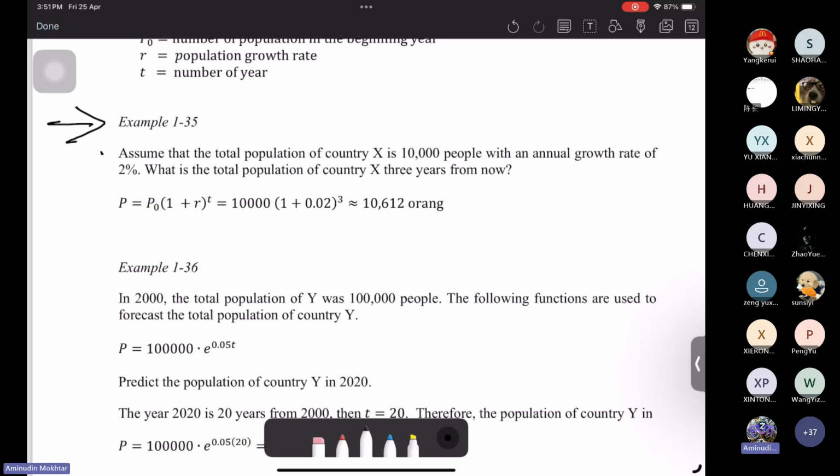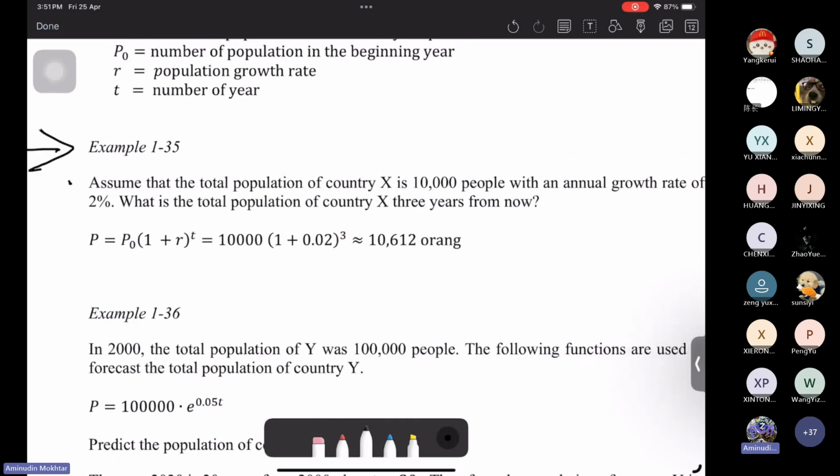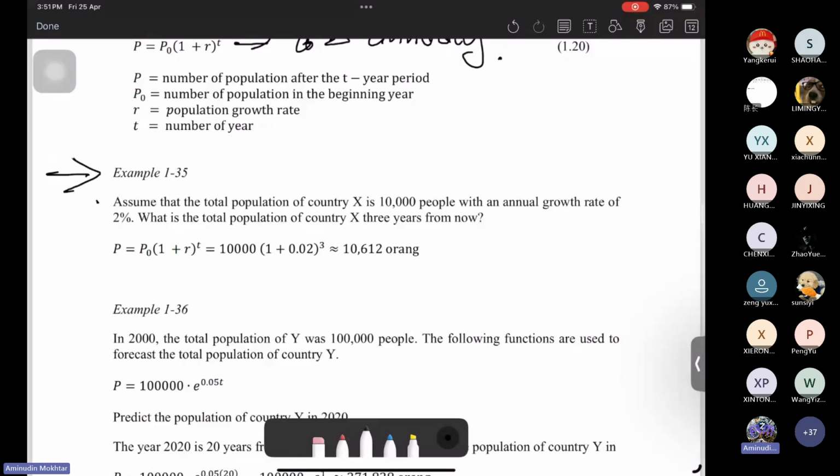The question is, what is the total population of country X 3 years from now? 3 years from now, T equals 3. The original value of the quantity is 10,000. Then we just apply the formula 1 plus R, where R is the population growth rate.